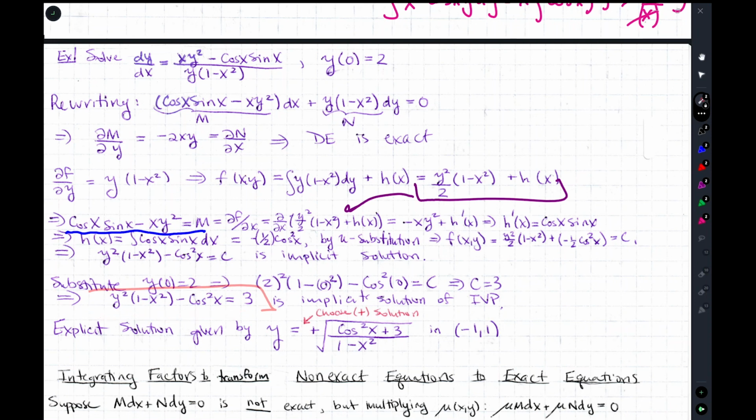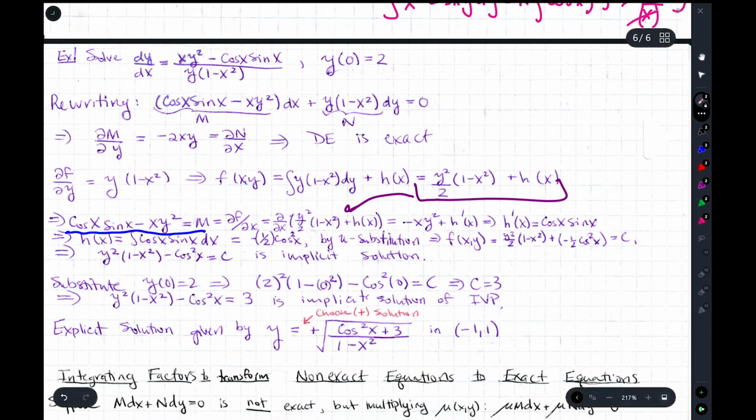implicit solution. And in fact, we could solve for y here. Notice that we have a y squared, so when we take the square root, we're going to have a choice of plus or minus. We choose plus, because y of 0 equals 2.